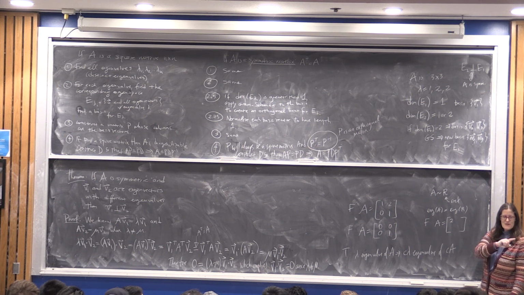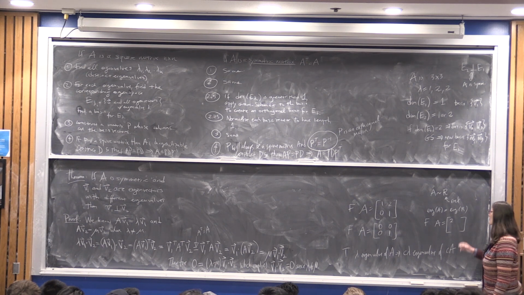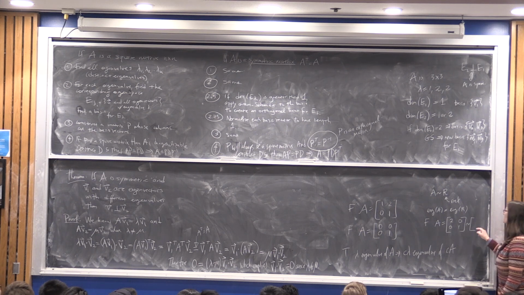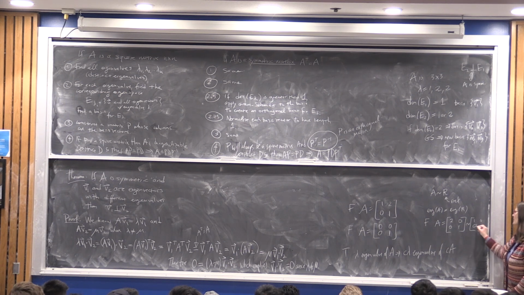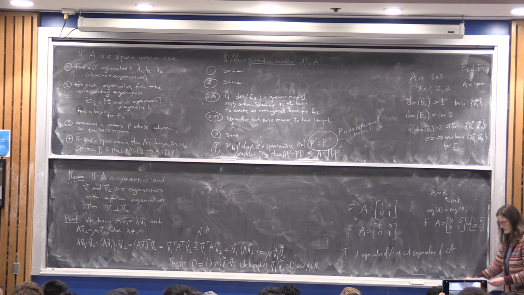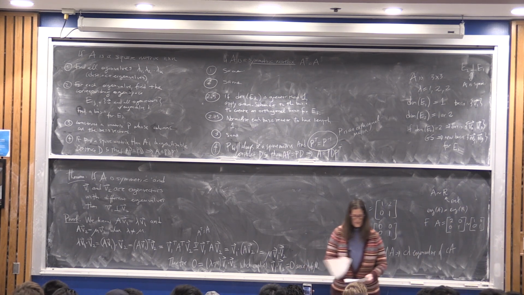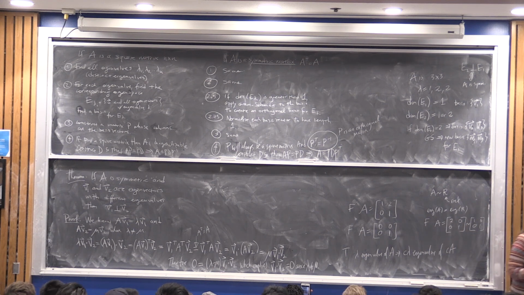Well, the problem with 1, 0, 0, 1 is that it's already in reduced row echelon form. So you're being too much of a mathematician. So this is row equivalent to, what's the reduced row echelon form of that? 1, 0, 0, 1. Eigenvalues of this? Eigenvalues of that? Okay. So good luck studying.